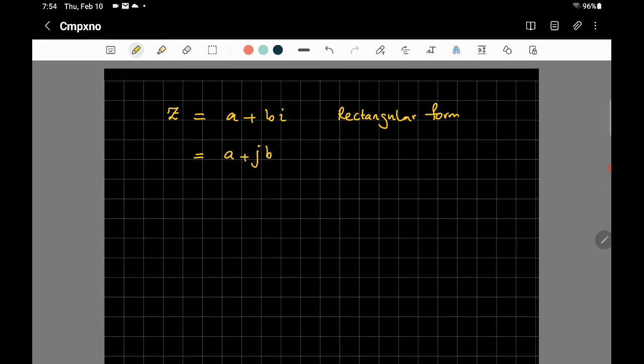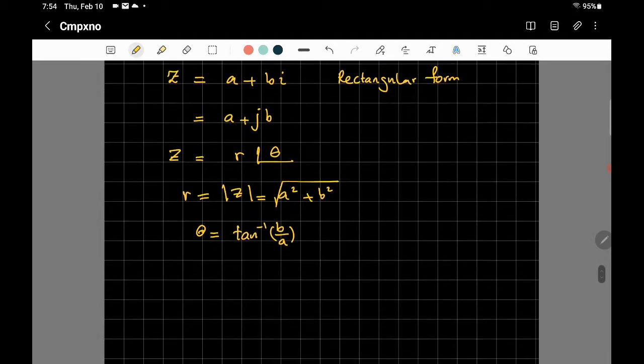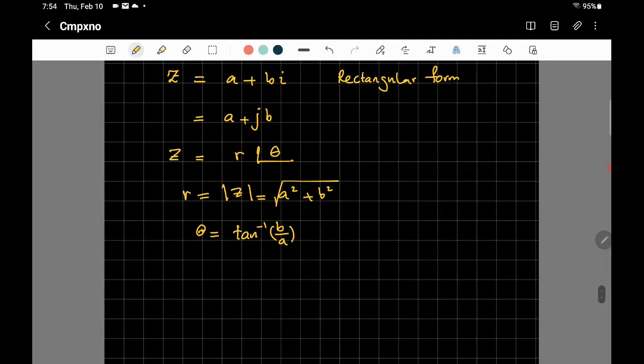And in polar form, you can write Z is equal to R and angle theta, where R is equal to the absolute value of Z, the square root of A squared plus B squared, and theta is equal to tan minus 1 of B over A. So that's how we convert from Cartesian to polar.